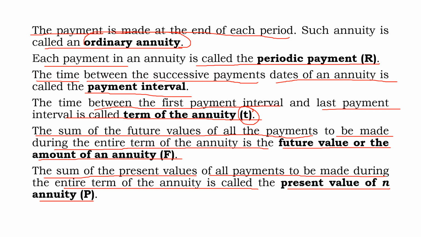So when we say present value of an annuity, that is the sum of the present values. And when you're dealing with present values, this is a principal wherein there is no interest being applied on it.